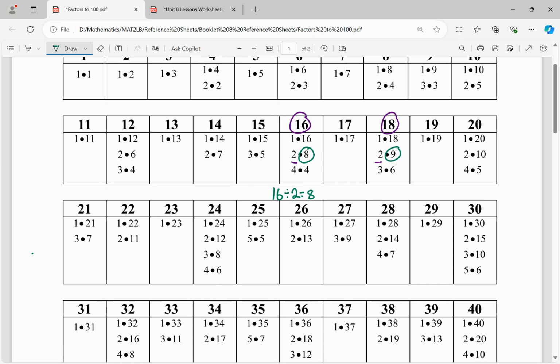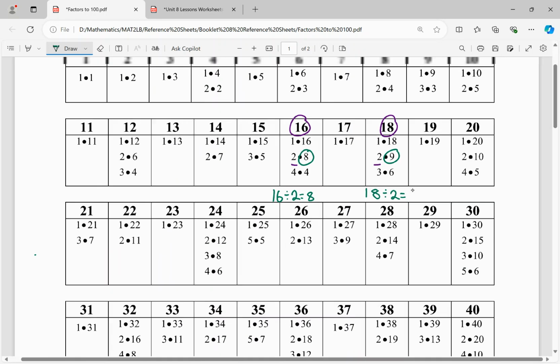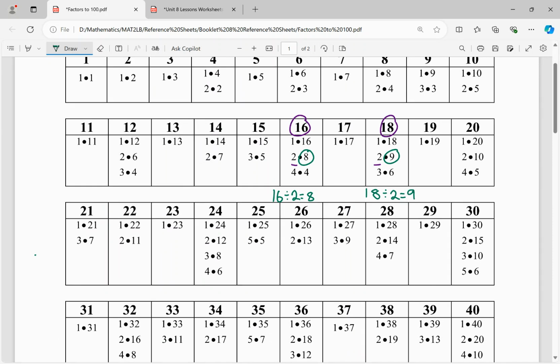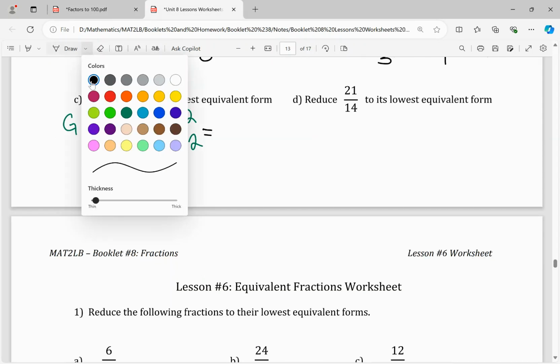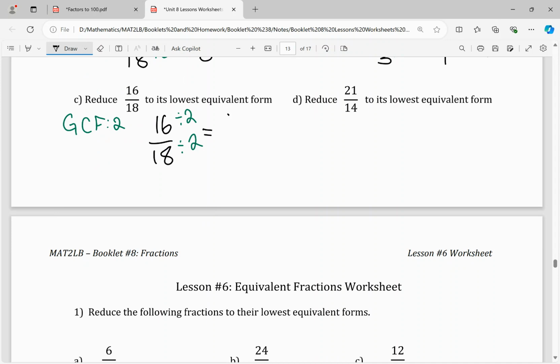Same thing here. 18 divided by 2 gives you the other half of the 2, which is 9. So 16 divided by 2 is 8. 18 divided by 2 is 9, and that's your simplest possible form.